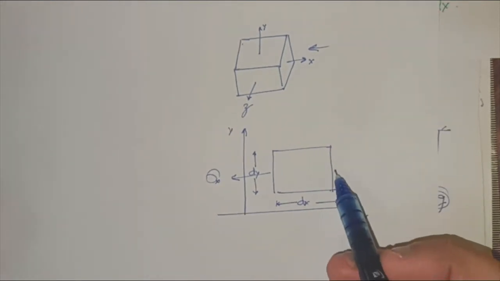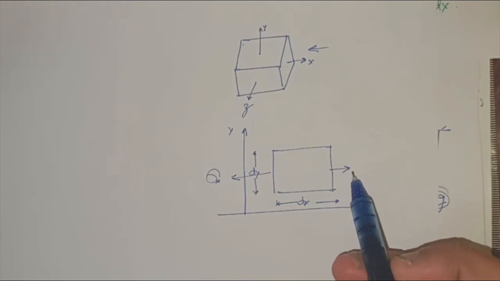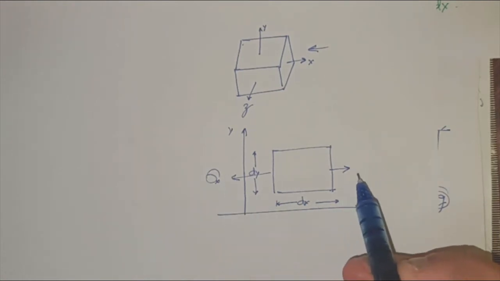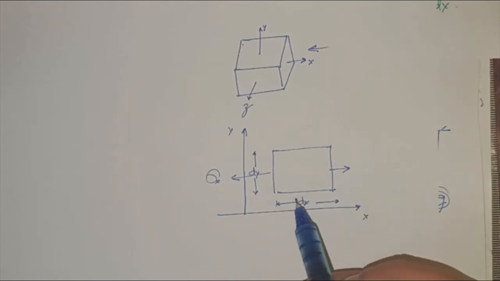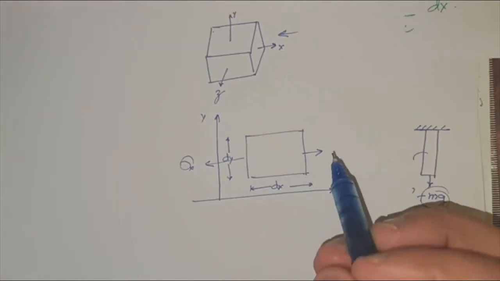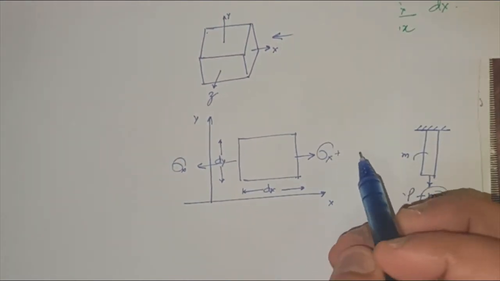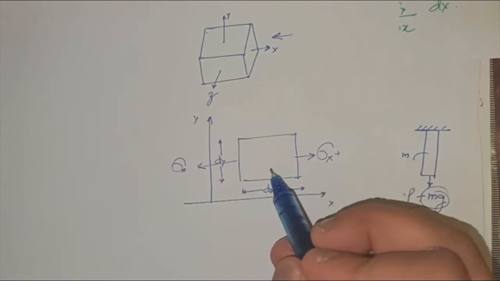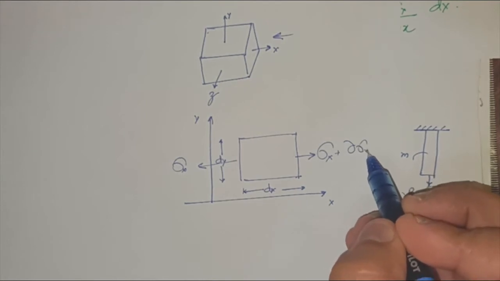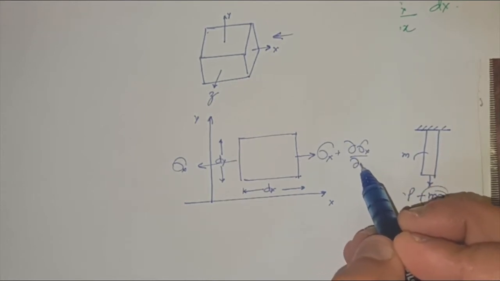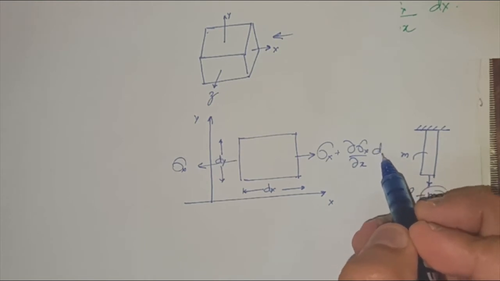Then on this face, what will be acting? On this face there will be some sigma x plus some variation of the sigma x over this element. That means sigma x plus the variation of the stress. How will we do this? Del sigma x by del x times dx.